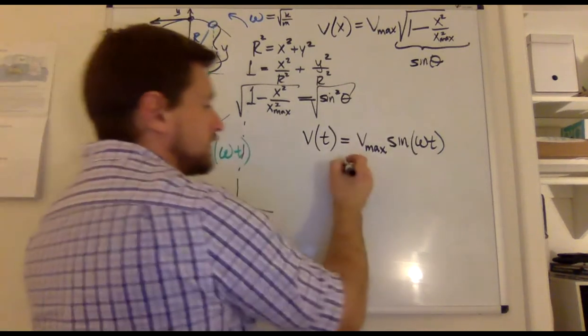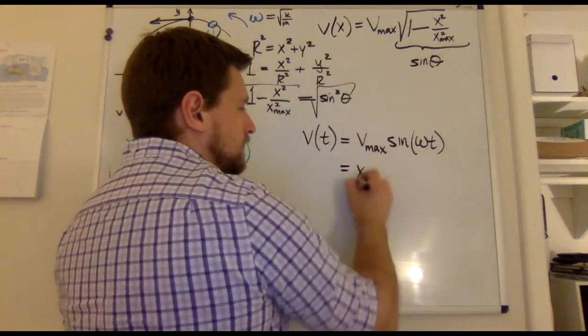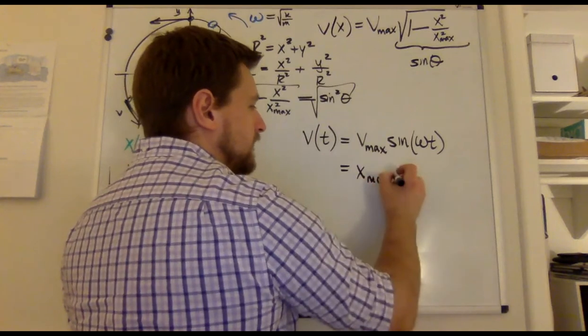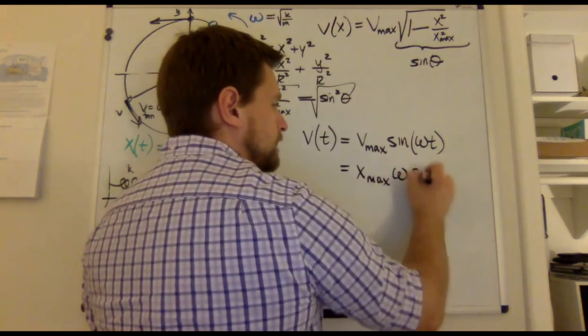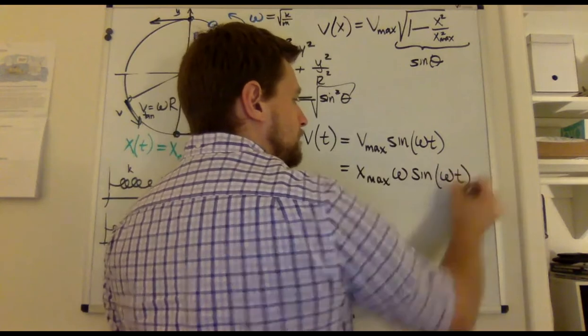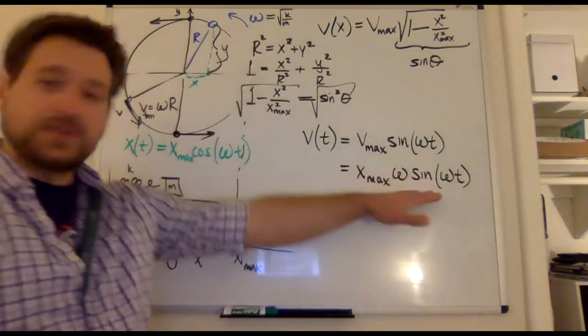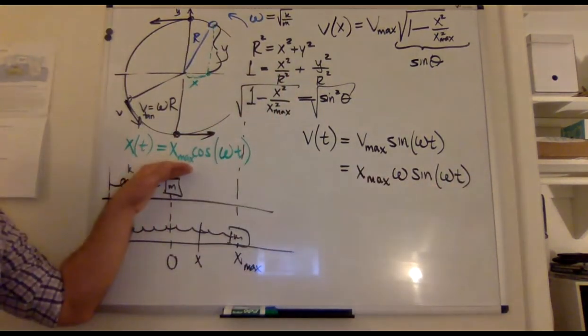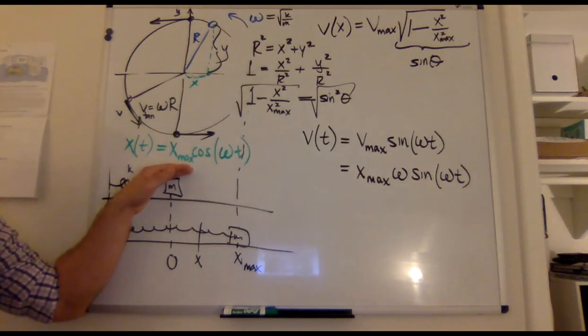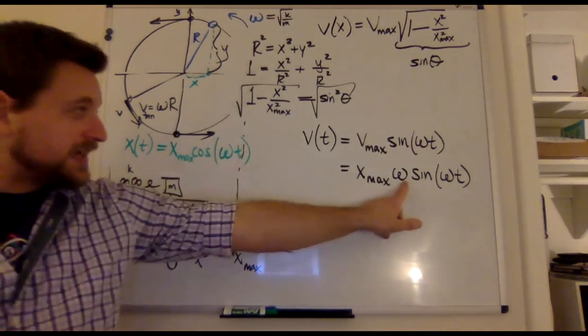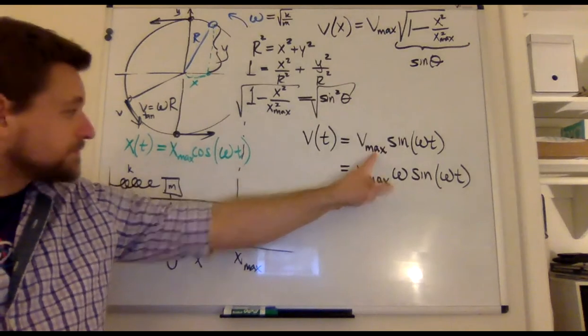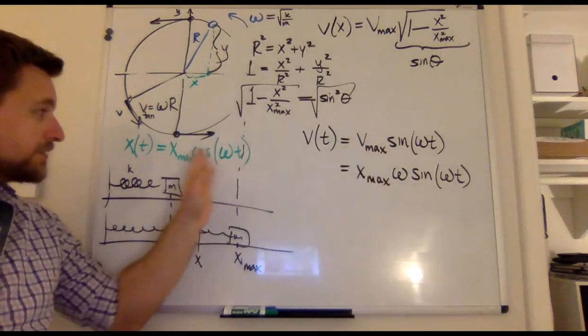And in fact, those of us who have had derivative calculus will recognize this function as the derivative of this one. That factor of omega that we need for V max comes from the chain rule when we take the derivative of cosine.